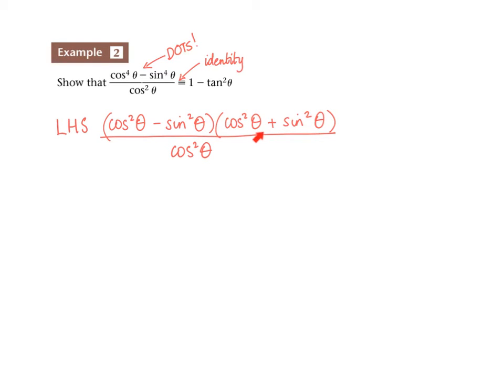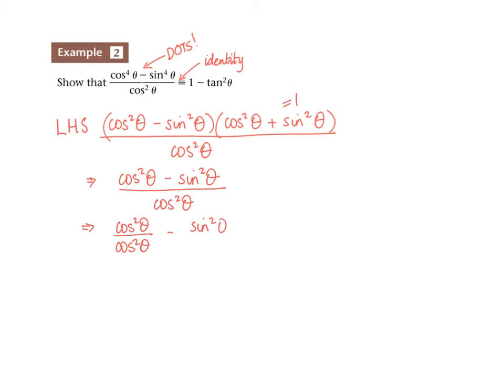Now, as we know, if we look at this here, that's actually equal to 1 using our trig identity from before. So this part here is equal to 1, so that leaves us with cos squared theta minus sine squared theta all over cos squared theta. Now we've got one term on the bottom. We could split this up so that we've got cos squared theta over cos squared theta minus sine squared theta over cos squared theta.